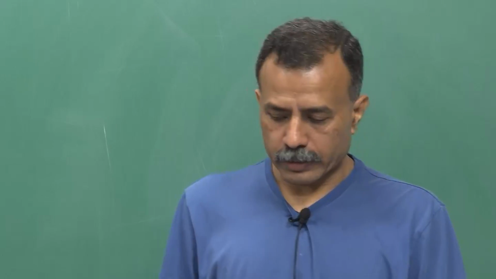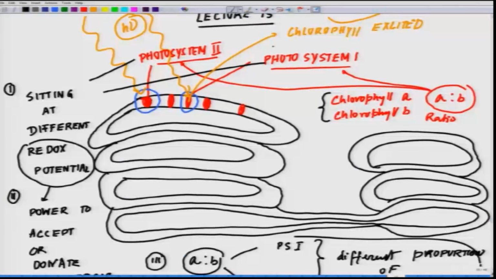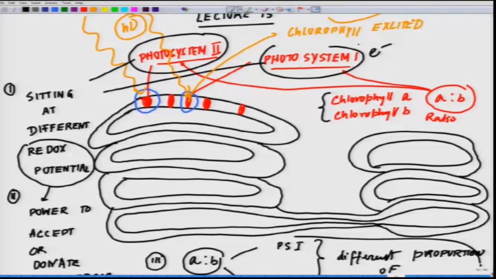Now, having said this, let me tell you that both photosystem 1 and photosystem 2 will be doing the same thing. They will eject an electron upon absorbing light. But the thing is that the electrons will be ejected from a different redox potential.